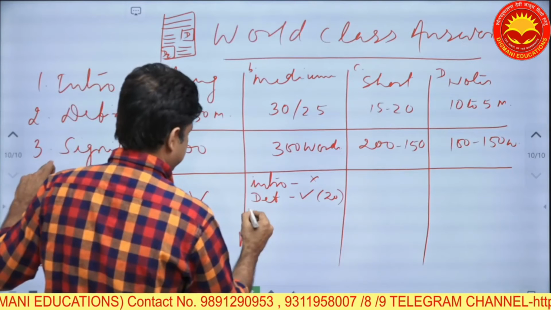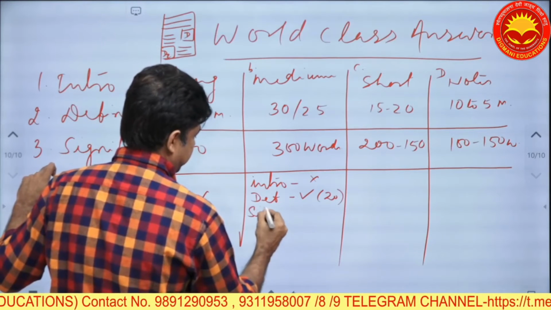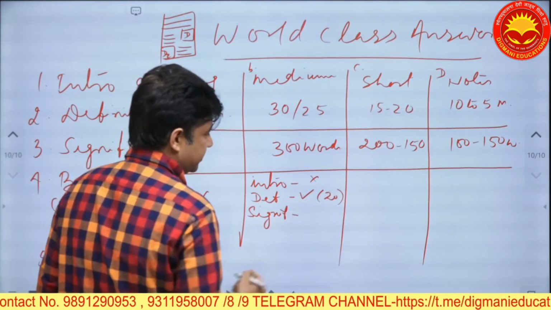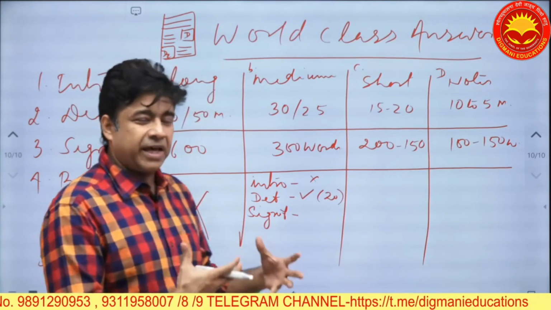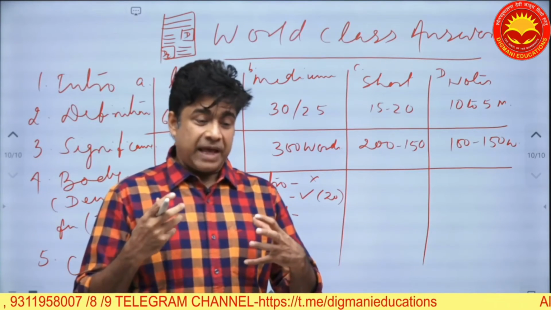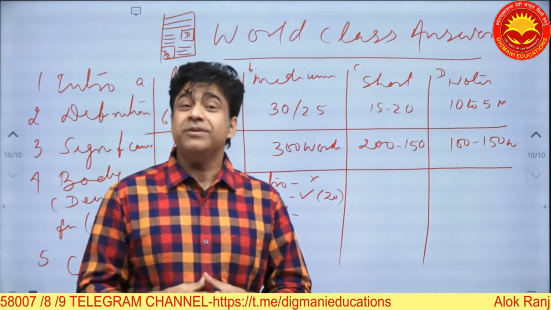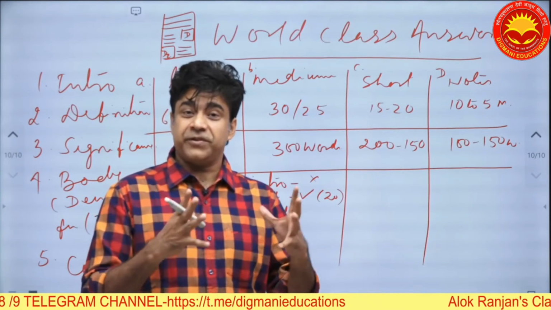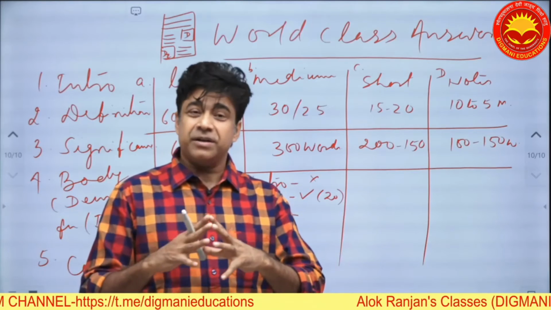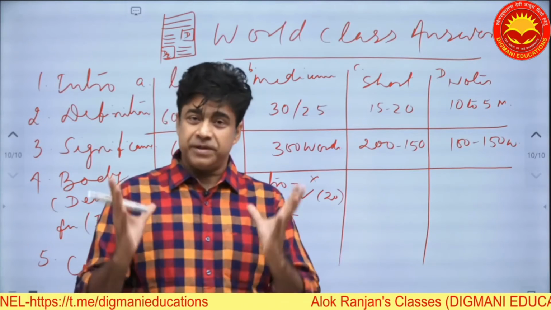Then you have to write the significance of the topic, because geography is a science which relates to man. The best definition of geography is also the study of the surface of the earth as the home of mankind. And we are living in an era of welfare geography.